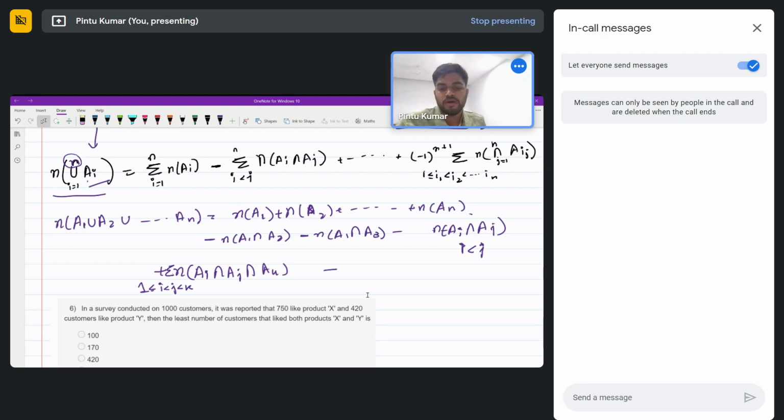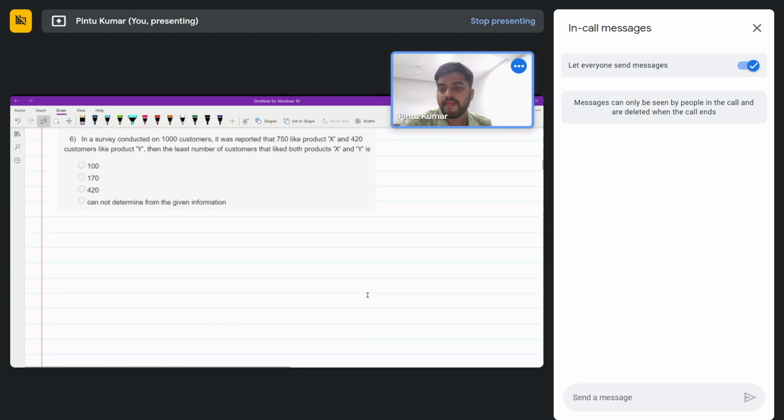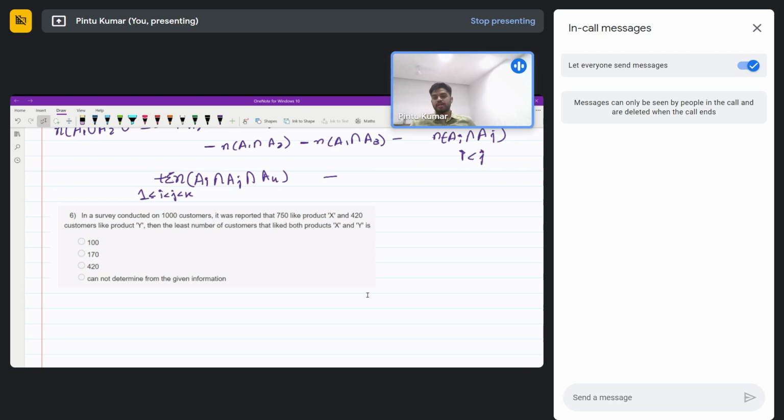So here is a small question based on what we did. It says that in a survey conducted on 1000 customers, it was reported that 750 like product X. So let's try to draw a Venn diagram of it.